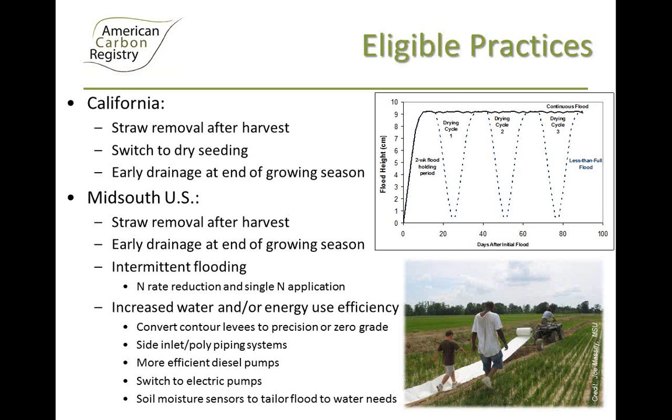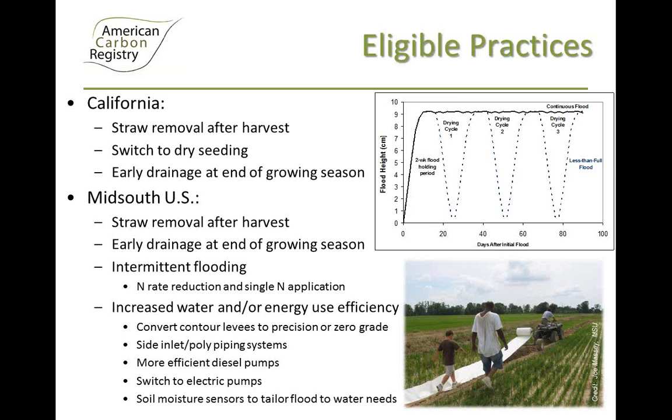And then finally, a whole set of practices under the umbrella of increased water or energy use efficiency. Those are all things that basically improve the efficiency of water use and thus reduce diesel used to pump water and the CO2 emissions that come from combustion of diesel. So there's a lot of interest for reasons besides greenhouse gas reductions in the Mid-South in improving water use efficiency.